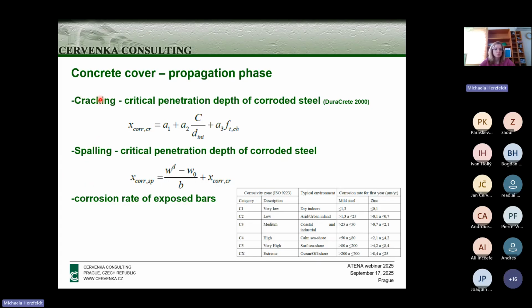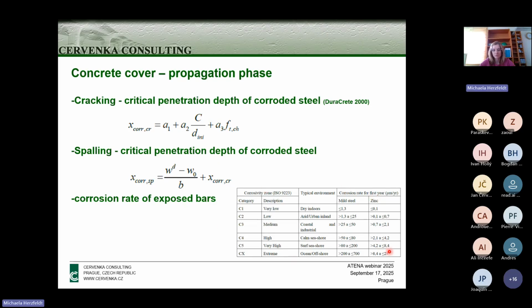So if it happens that it's cracking and even spalling, then ATENA assumes that the bar is basically exposed to the atmosphere. And in that case, there should be defined also some corrosion rate once the bar is completely exposed.